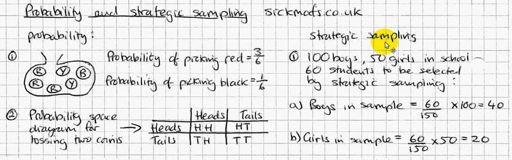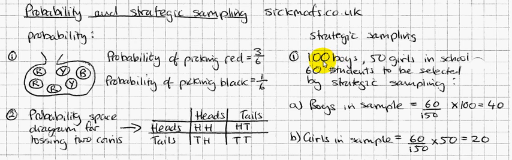Sampling is just basically taking a small group of people, in this case my 60 students, from a larger group, which is 150 students. The small group is supposed to represent the larger group, basically, because you can't always do a survey of everybody.